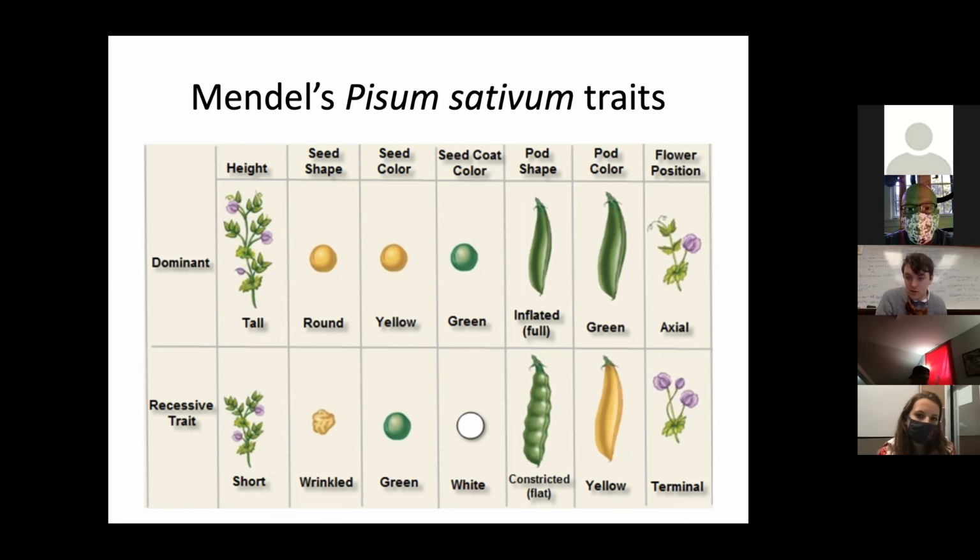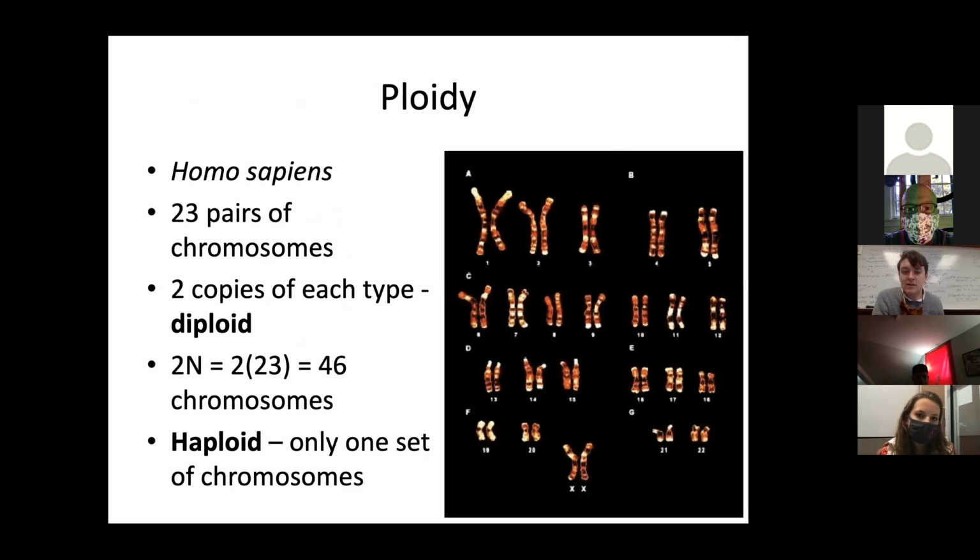So before we get back into the Punnett squares, let's talk about something called ploidy level. In the case of humans, each individual typically has 23 pairs of chromosomes in a typical body cell, a somatic cell, like a skin cell.